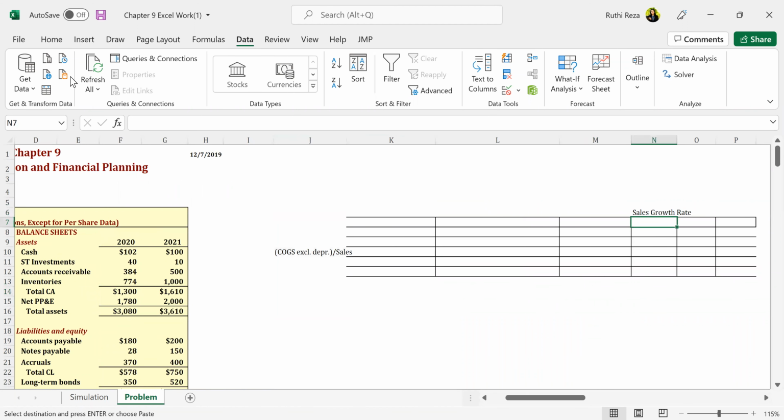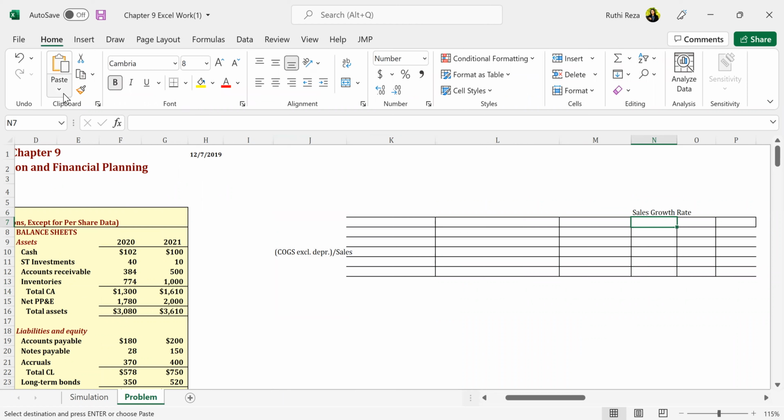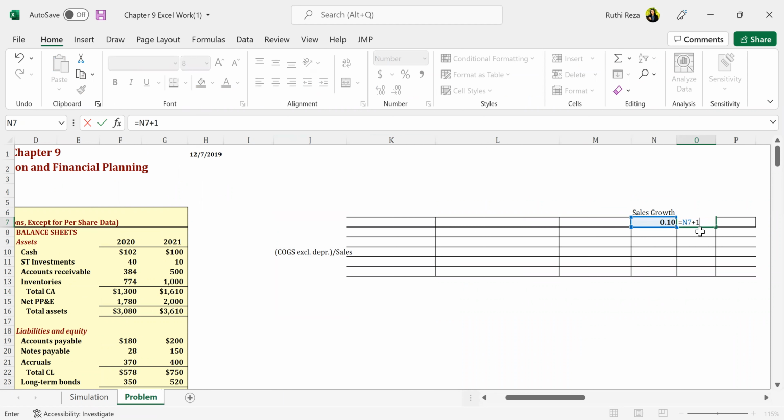Put it on the middle column, and then increase it by 1% or whatever you want to see. I want to see the sensitivity of my net income for the sales growth rate in the range of 0.08 to 0.12. That means for the sales growth rate of 8% to 12%.